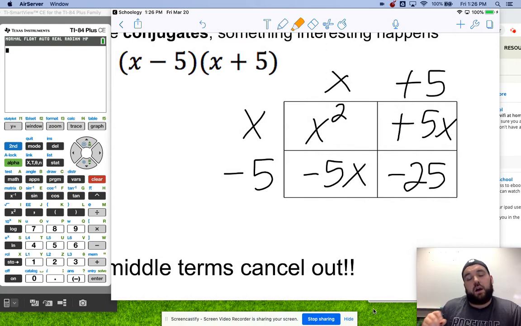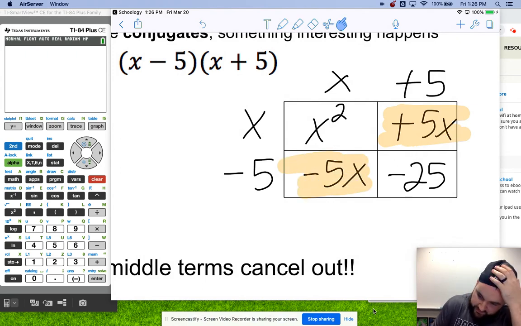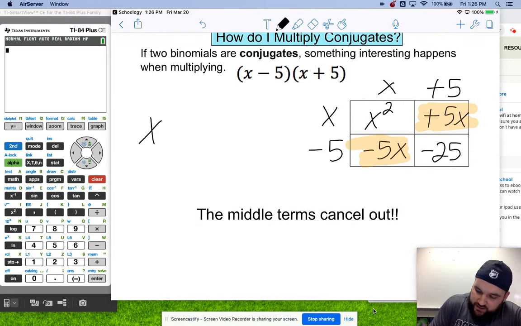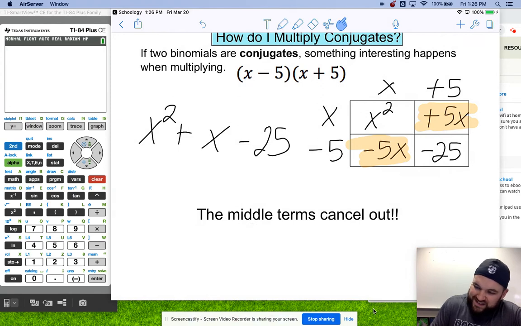When I look at those 4 boxes, can I combine any of the 4? Are they like terms? I see that the plus 5x I can combine with the minus 5x. Now everybody knows that 5 minus 5 is 0. What that doesn't mean is that you should write your answer as x squared plus x minus 25. I see this a lot.